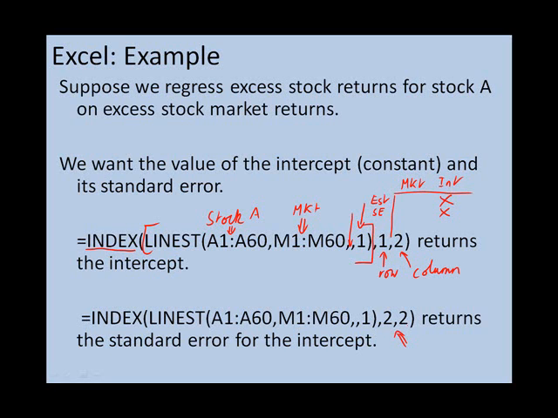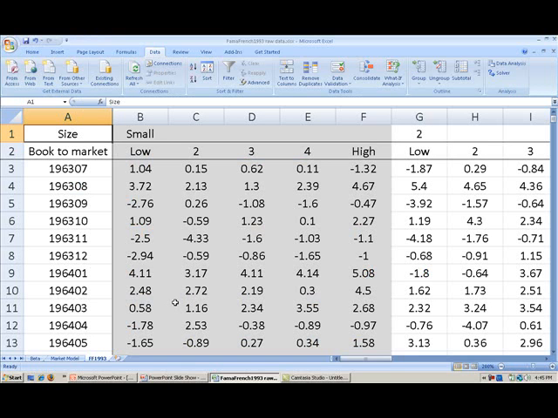Now let's go to Excel and test the CAPM. In this sheet, we have data for the 25 portfolios that Fama and French used in their 1993 study. We have some titles along the top to help us understand what we're looking at.